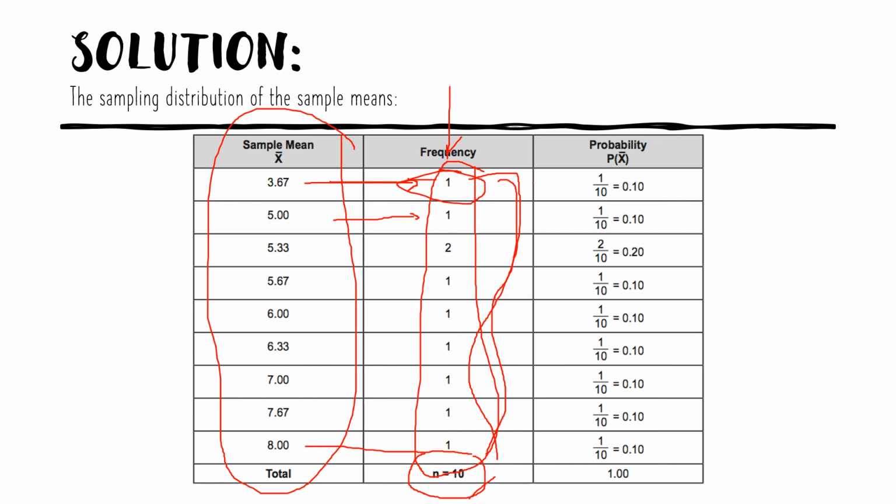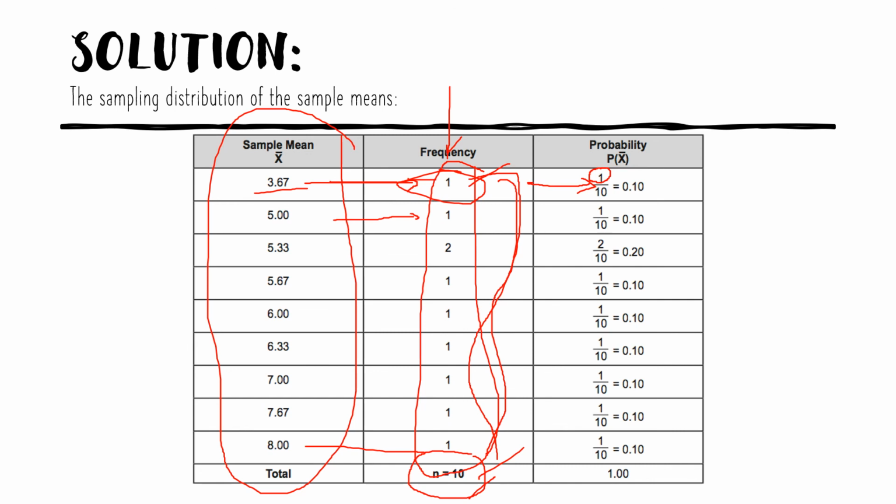Now, how can we compute for the probability? We define your probability as your desired outcomes over your total possible outcomes. Since your total possible outcomes is 10, that will be your total number of sample size. Then 1 is how many times your 3.67 reflects as a value of your sample mean. That will be your numerator here, or that will be your frequency that will be mapped in each sample mean here.